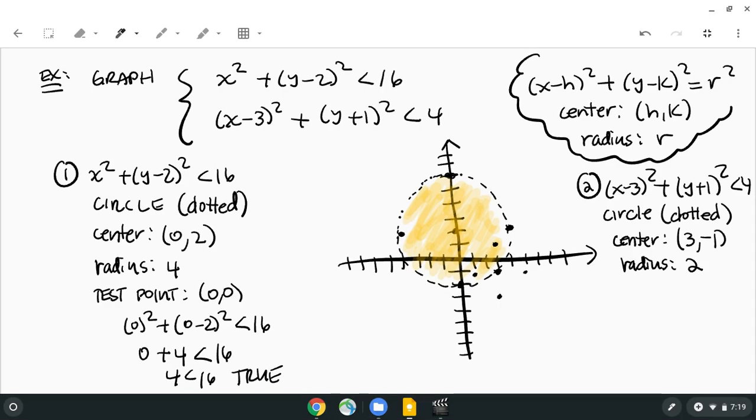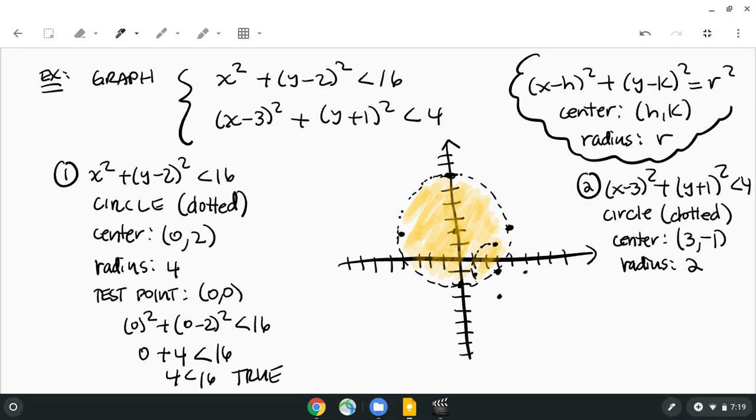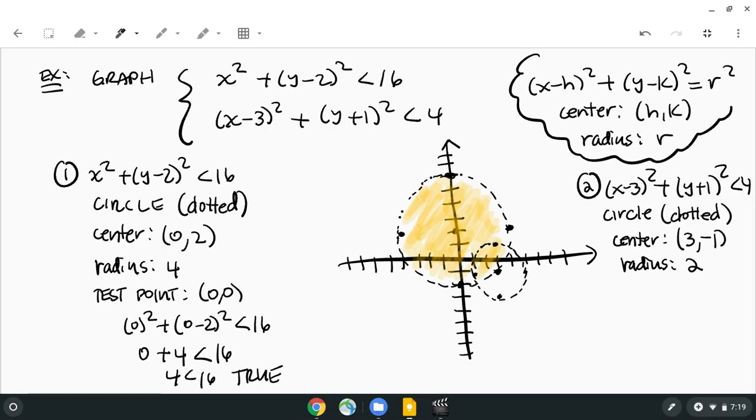So itty bitty circle over here, also dotted. Okay, I can choose (0, 0). (0, 0) is not on the circle, so ignore that bigger circle. So my test point for this little circle, again, I can choose any point that's not on the circle.